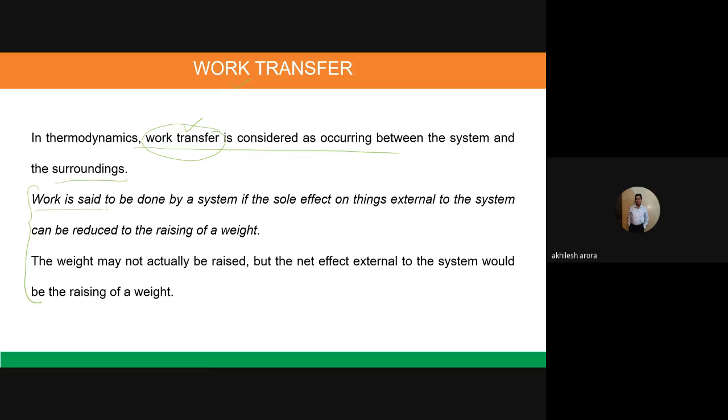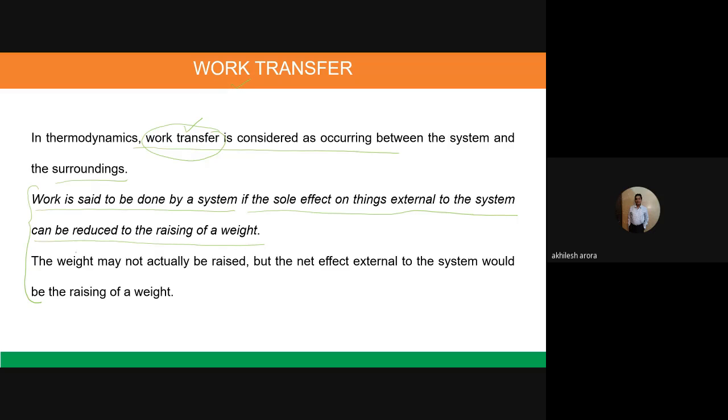Work is said to be done by a system if the sole effect on things external to the system can be reduced to the raising of a weight. If a system is doing some work, and by doing this work it can raise some things which are external to the system, then we say work is done by the system.